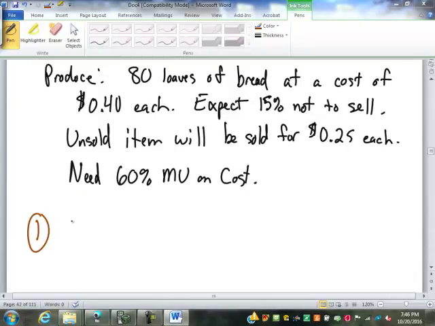So, total cost. What do we get? 80 times 40 cents is going to give us $32, right? Then what? Mark it up.